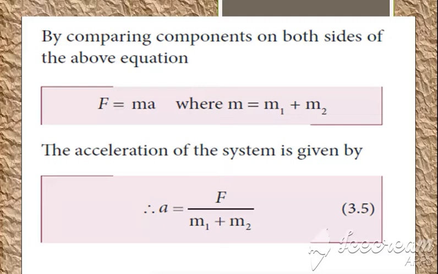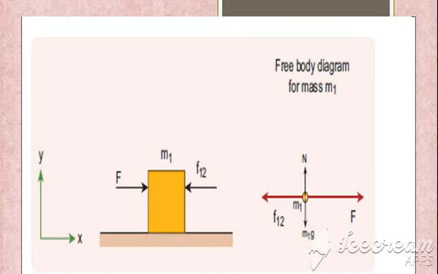Next, we are going to write the forces on the masses m1 and m2. We start with the mass m1. As I have told you already, for the mass m1 there are two forces: the external force and the force due to the second particle, F12.